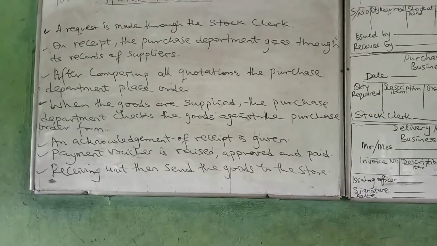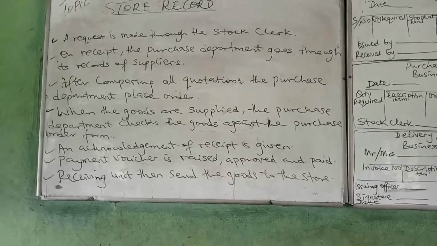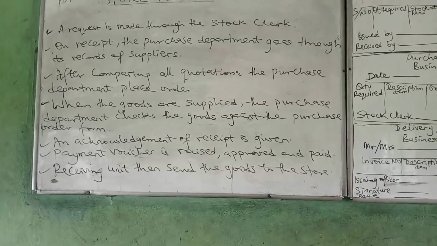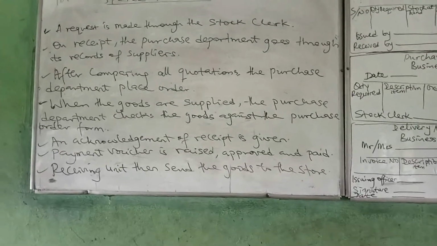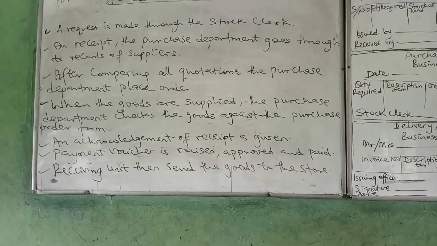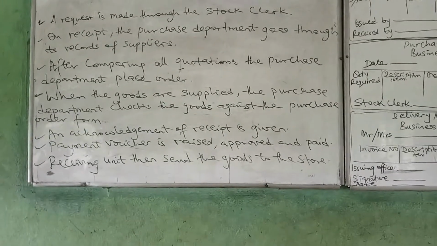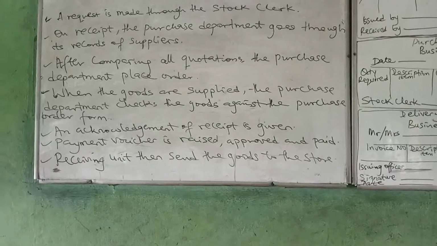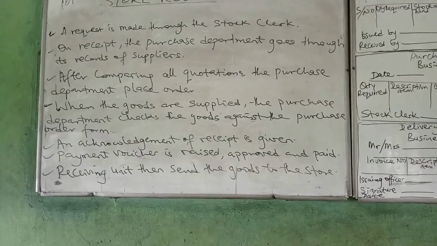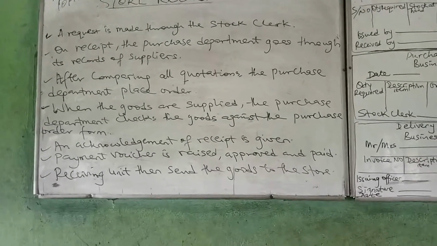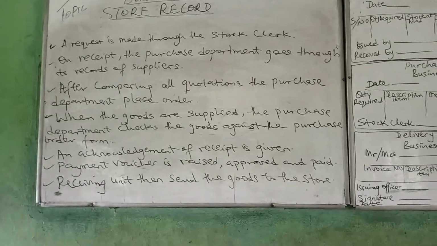Then, a payment voucher is raised, approved, and the supplier is paid. After the payment, the receiving unit, that is the store or warehouse where they keep those items, sends the goods to the storeroom that is responsible for issuing the goods to the department or person that needs them.